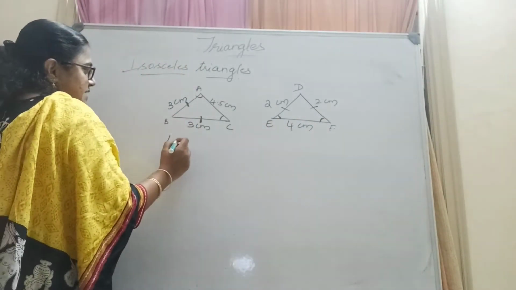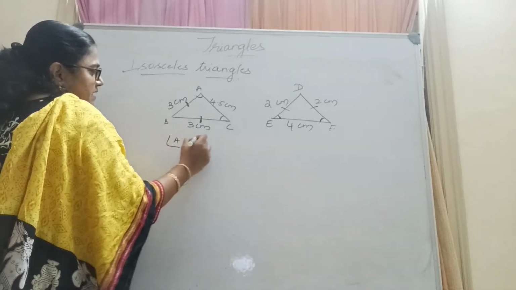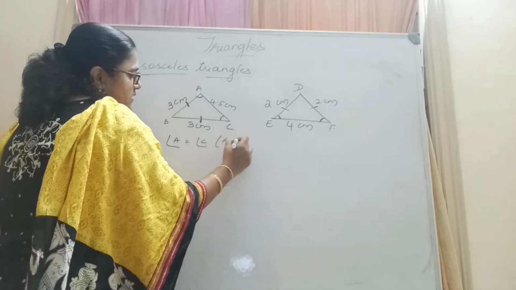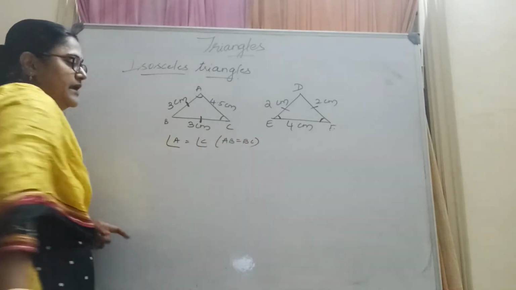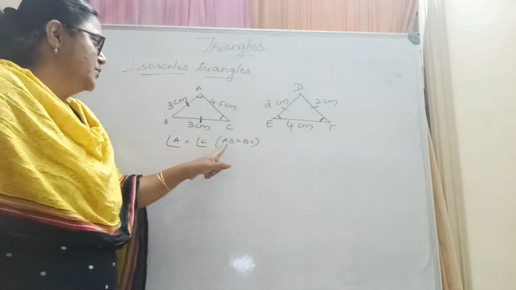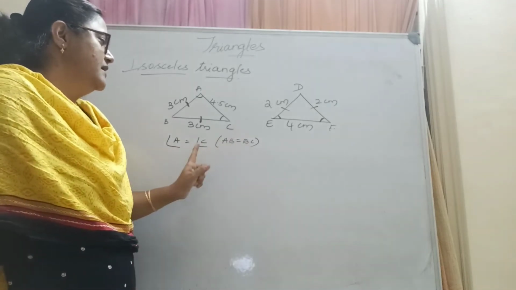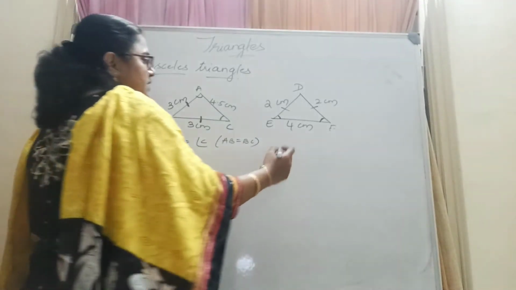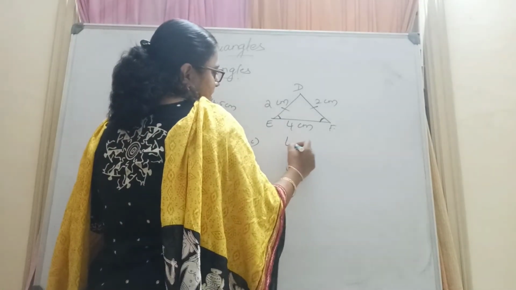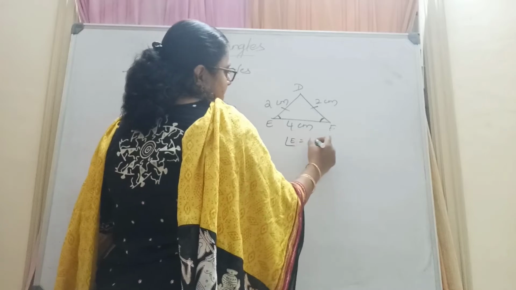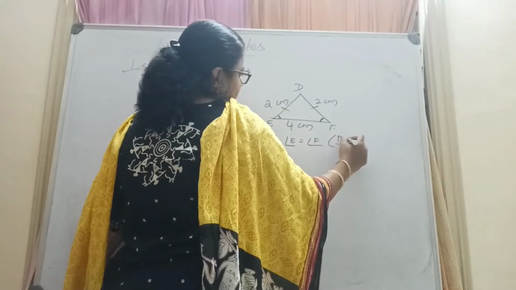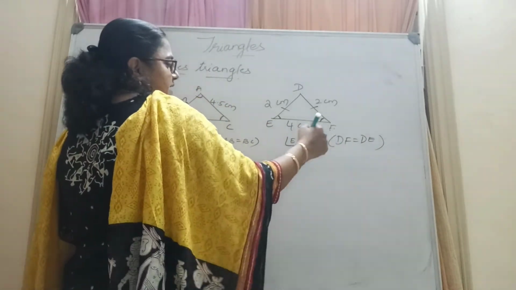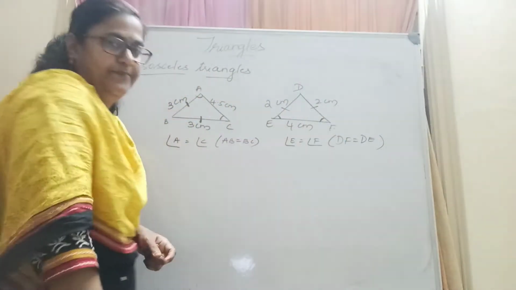In this case, angle A will be equal to angle C because side AB is equal to side BC. A is opposite to BC and C is opposite to AB. Similarly, here angle E is equal to angle F because DF is equal to DE. Angle E is opposite to DF and angle F is opposite to DE.